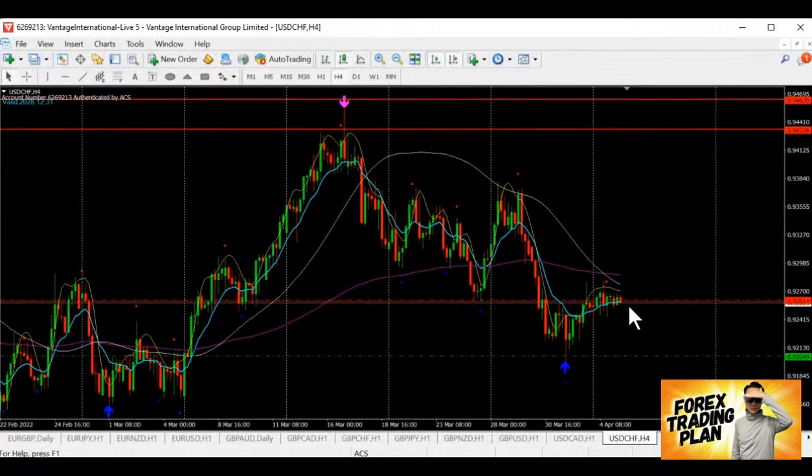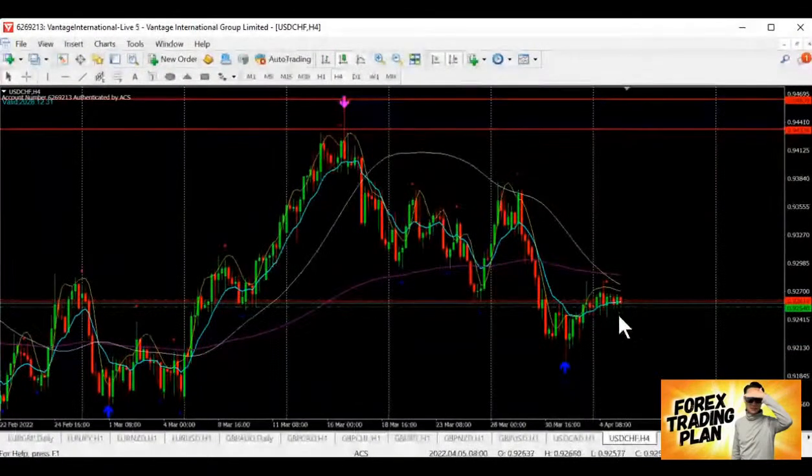So once it breaks this area, forming a new resistance below, then it will have a new pattern of selling that also shows that the market is actually going into a trend of selling. Then we enter for a trade.